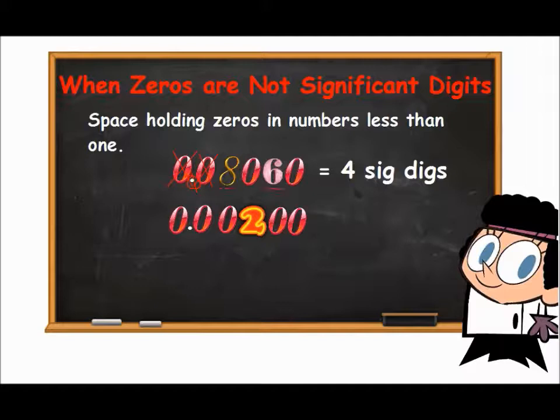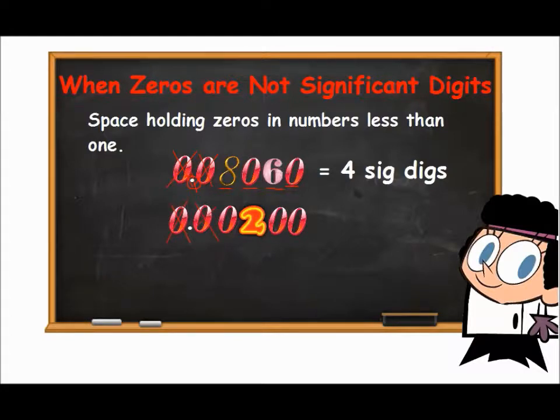The 8 and the 6 are non-zeros. This zero is trapped or stuck or captured. This is a trailing zero. So you have 4 significant digits in this number. Okay? Now we're going to look at this one. These right here are like the one at the top. They're just holding space, so I can cross them off.